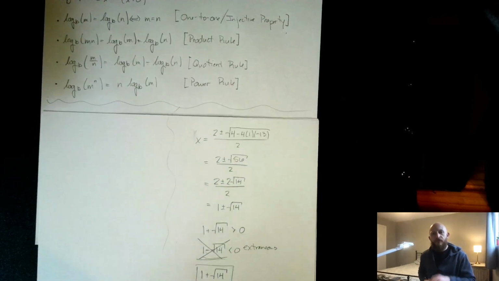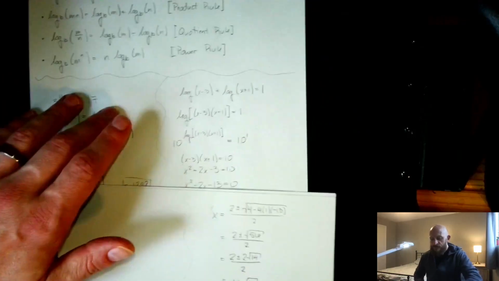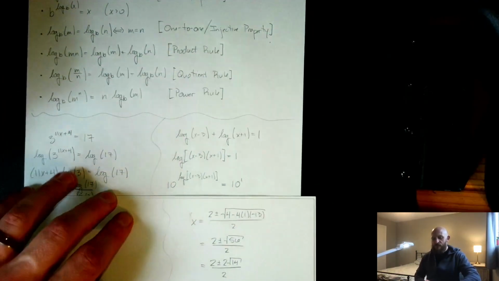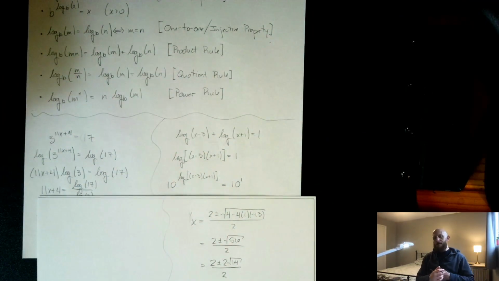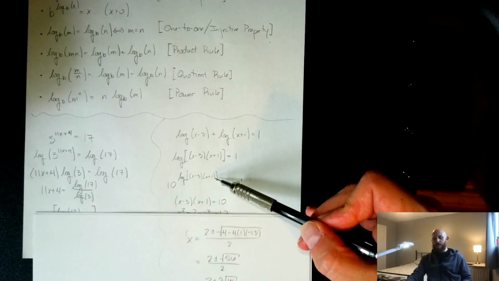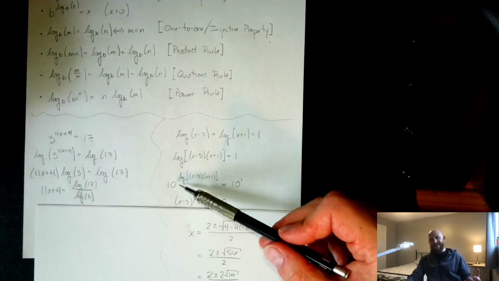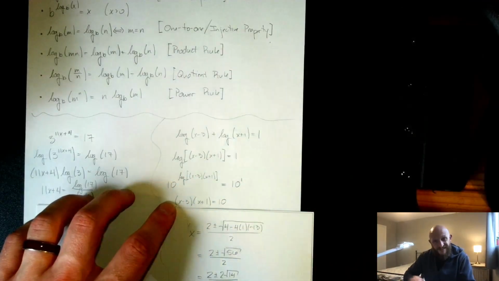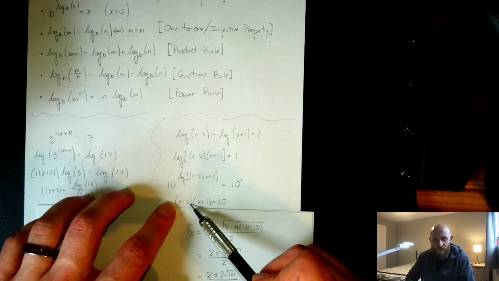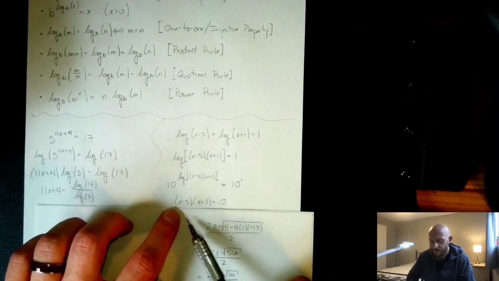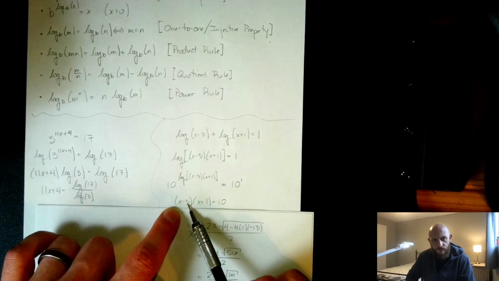So you've got to be careful, because the step where I introduced the extraneous solution was this step right here, when I raised everything to the 10th power, or as base 10, in order to cancel out the logs. That's where I introduced this extraneous solution, because this is a quadratic that has two solutions.